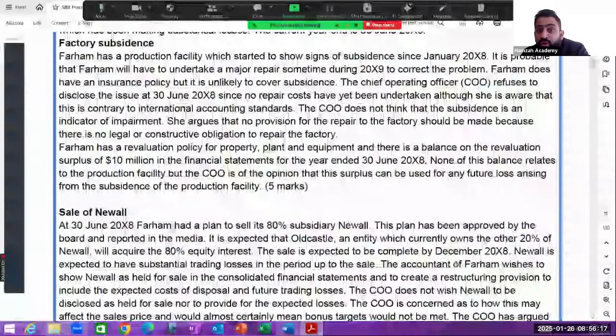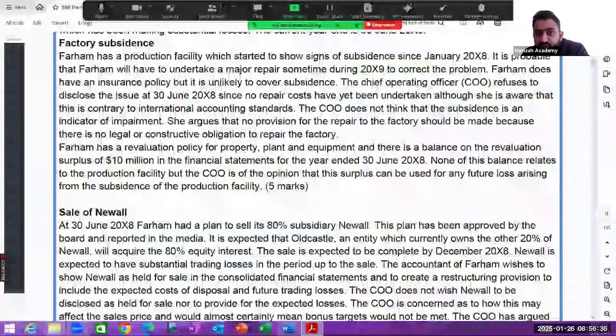Because we have alternatives. Instead of repairing the factory, we may decide to close down the factory. So when you have an alternative, then you cannot record the provision. And the repair expense is a future operating cost, and for future operating cost, there is no past event. So if there is no past event, there is no present obligation.